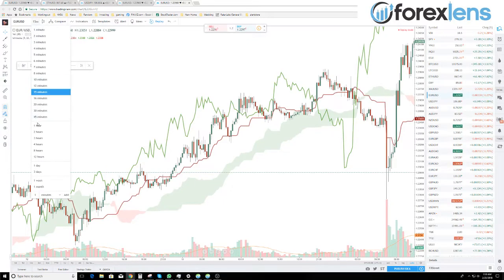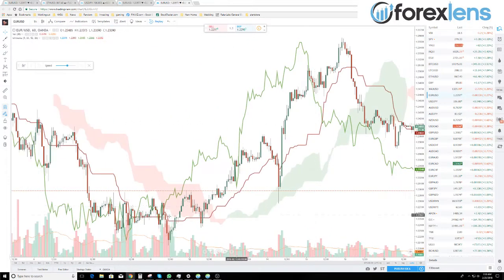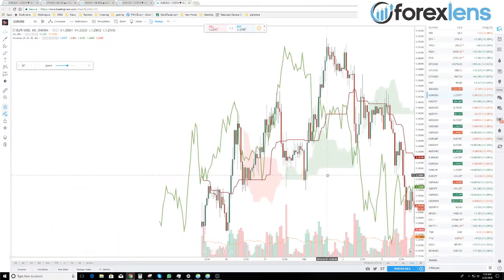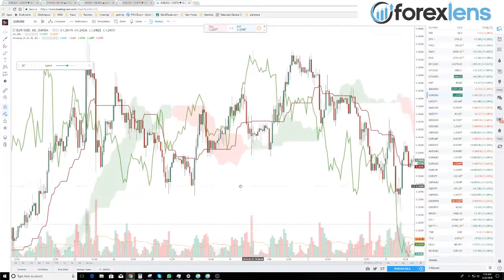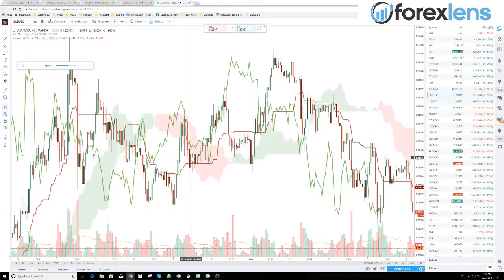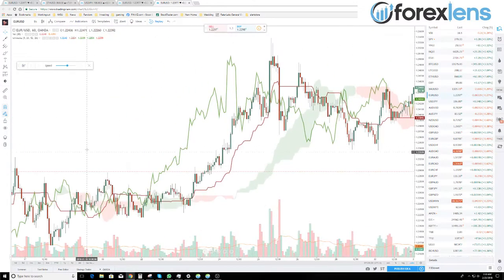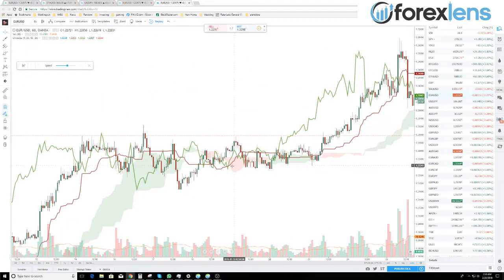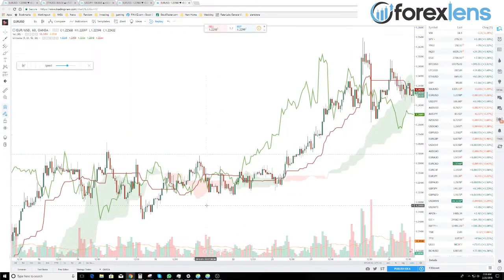Let's bring this to the hourly, because that's what I traded on. Okay, so we know we're in a squeeze here. The clouds, when they're tiny, when they're thin, and price is trading in them, that's a sure sign you're in a squeeze.